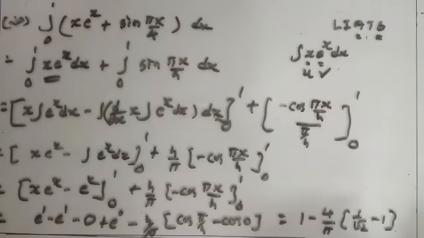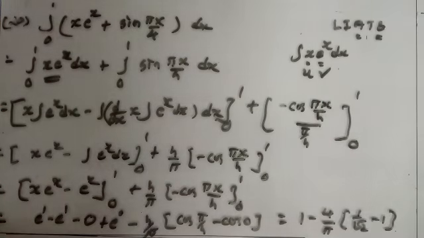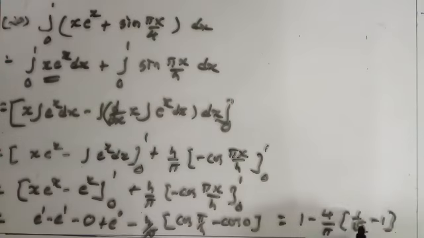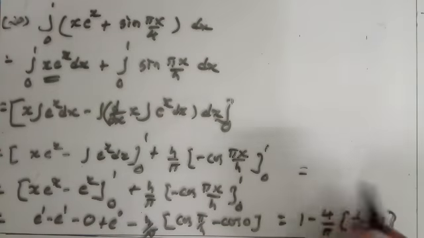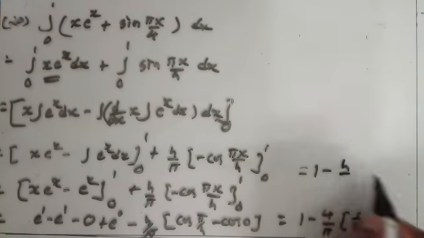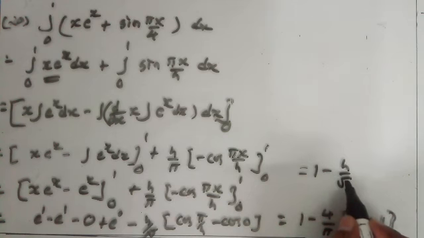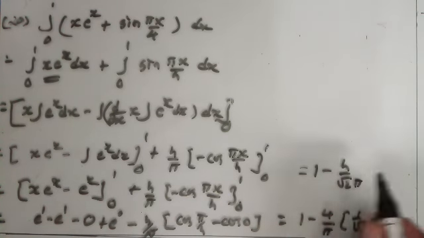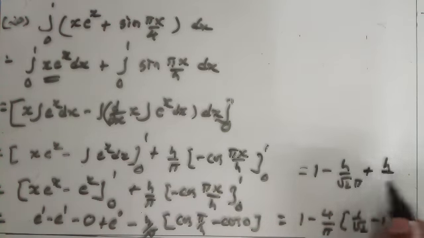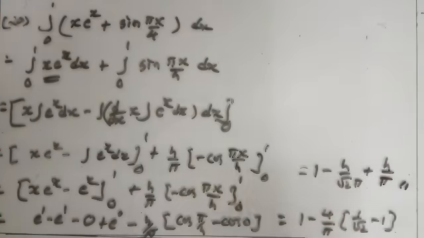So is equal to, so simplify this, here we get answer 1 minus 4 upon root 2 into pi, minus minus plus 4 upon pi. Clear? Answer.